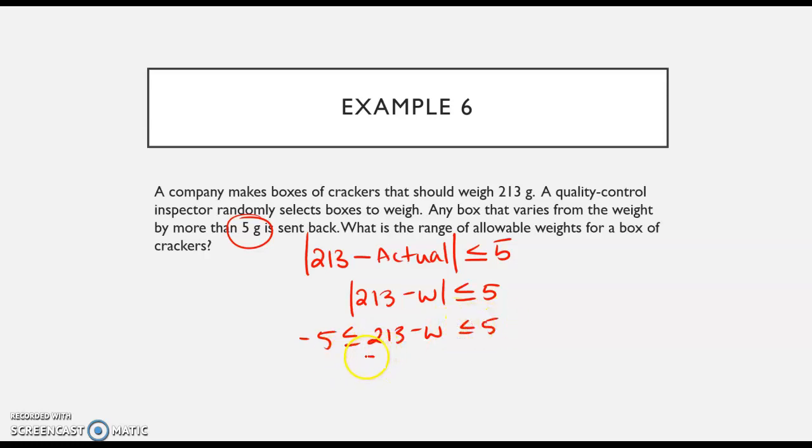So I need to get rid of my 213, so I'm going to subtract 213 from all sides. Here we're going to subtract, so we're going to get negative 218 is less than or equal to negative W is less than or equal to, here we're going to subtract, so that would be negative 208.